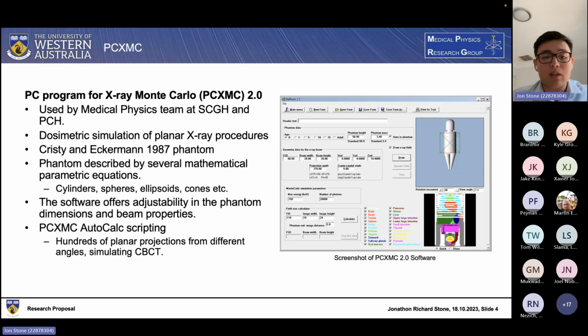Combined with PCXMC AutoCalc scripting, hundreds of planar projections can be taken around the Phantom, essentially simulating a cone beam CT procedure where a planar X-ray is rotated around the patient.